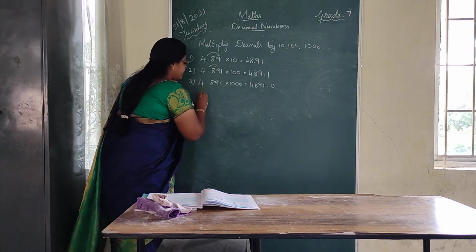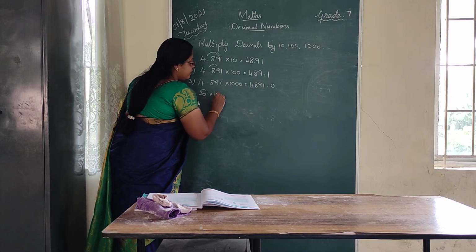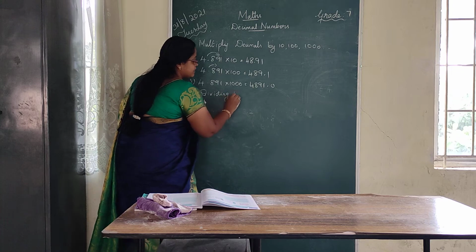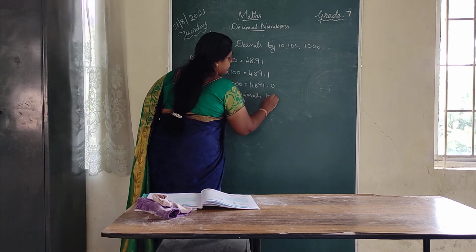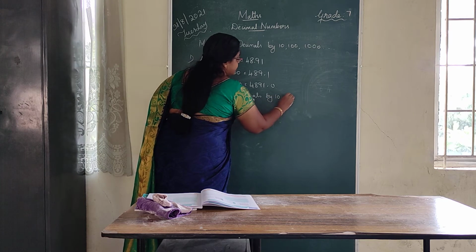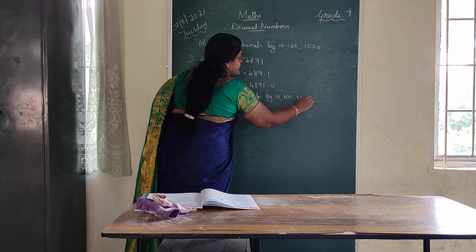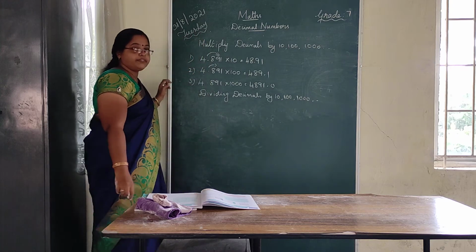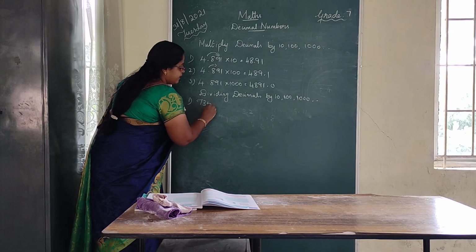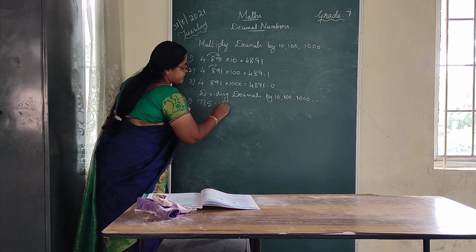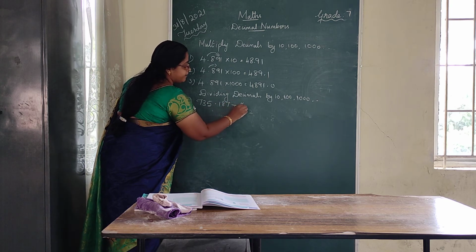Suppose we are dividing these decimals by 10, 100, 1000, etc. How can we divide? For example, 735.187 divided by 10.